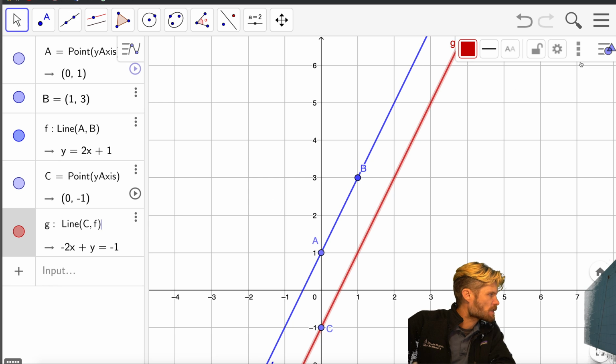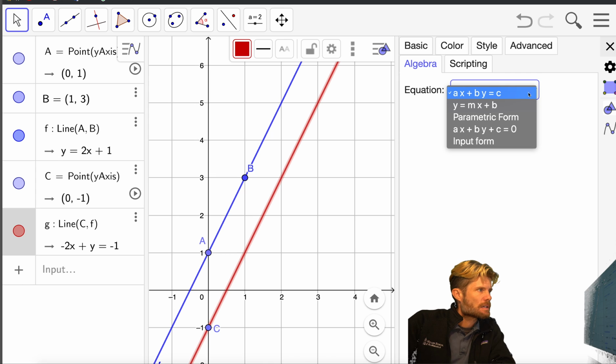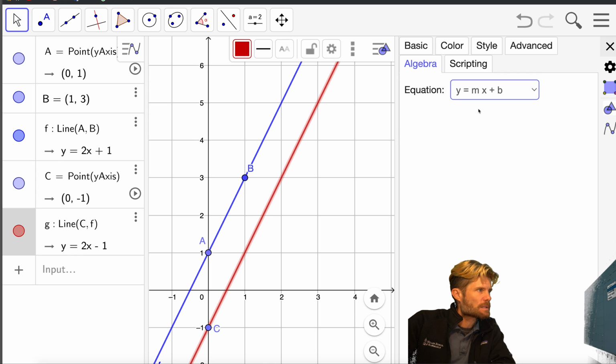In fact, let's change the settings on this to be y equals mx plus b. Now, what do we see that these two lines have in common? They have the same slope, 2 and 2, and they have a different y-intercept.